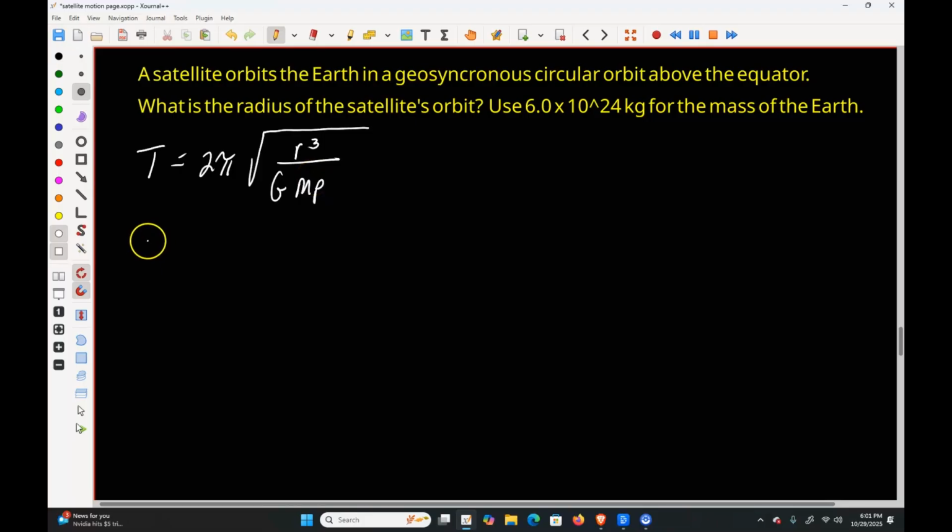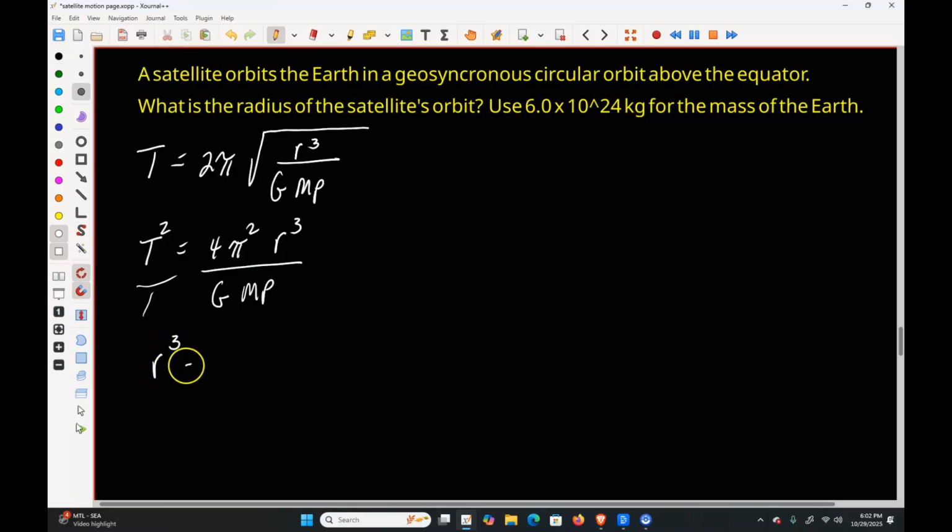All right, let's square both sides. So T squared is equal to 4 pi squared r cubed over G Mp. Let's get r cubed by itself.